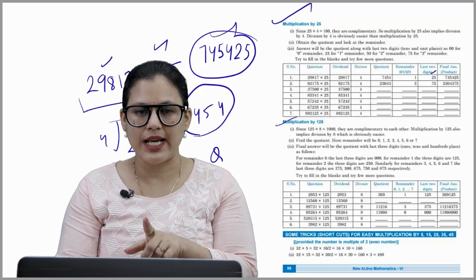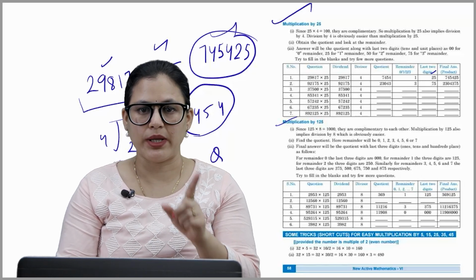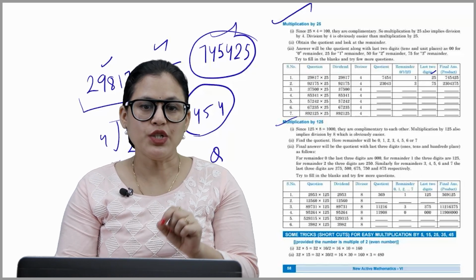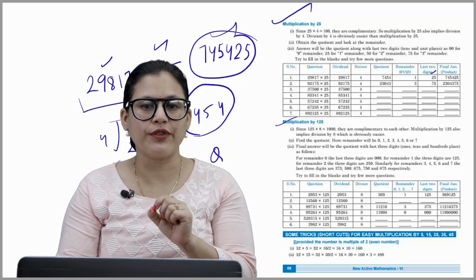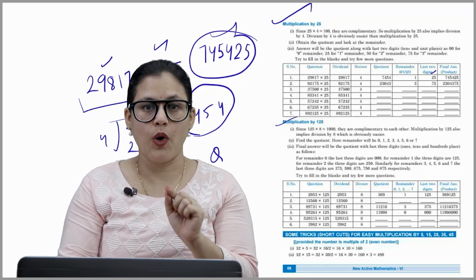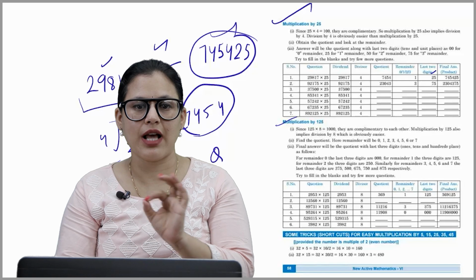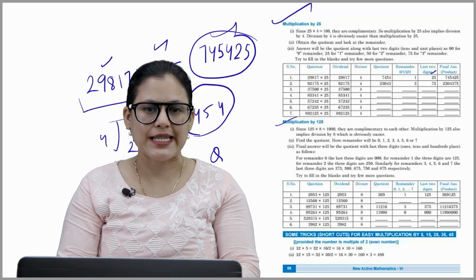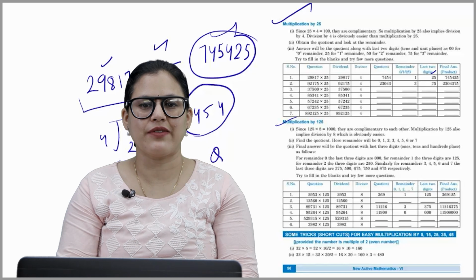For remainder 0, the last 3 digits are 000. For remainder 1, the 3 digits are 125. For remainder 2, the 3 digits are 250. Similarly, for remainders 3, 4, 5, 6 and 7, the last 3 digits are 375, 500, 625, 750 and 875 respectively.